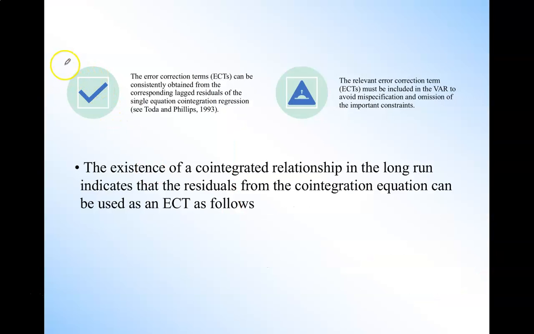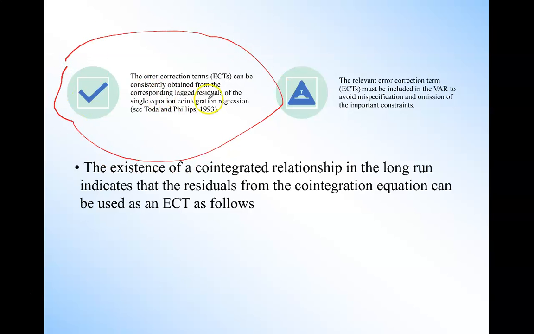Right? The ECT, which is the error correction term, can be consistently obtained from the corresponding lagged residual of the single equation co-integration regression. The relevant ECT must be included in the VAR to avoid misspecification. Surely the existence of a co-integrated relationship in the long run indicates that the residual from the co-integration equation can be used as an ECT.